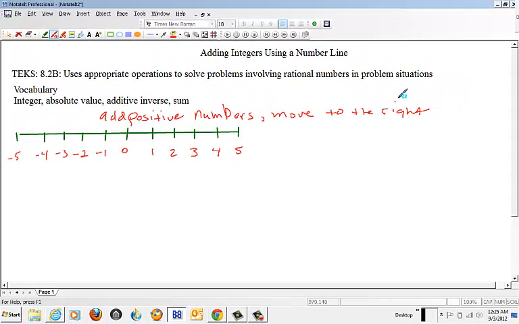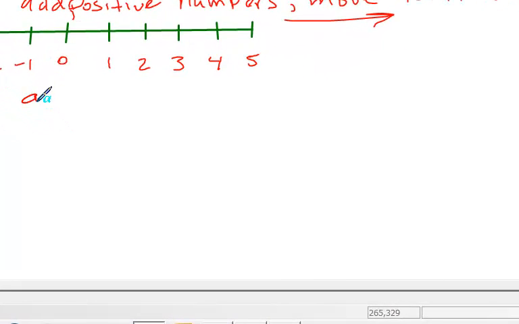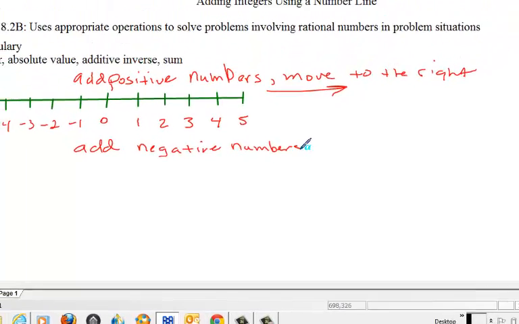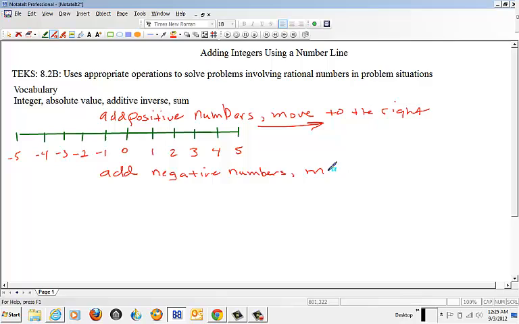In plain words, we are going this way anytime we're adding positive numbers. Now, if we're adding negative numbers, we always want to move to the left. In plain words, we will be moving this way on the number line.